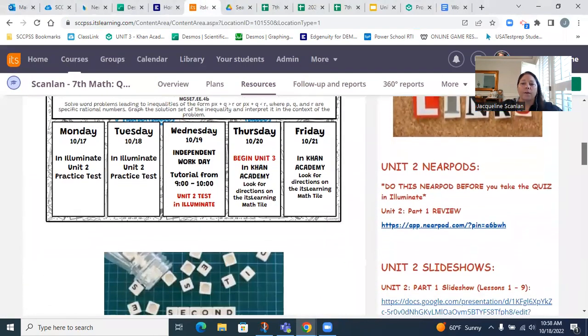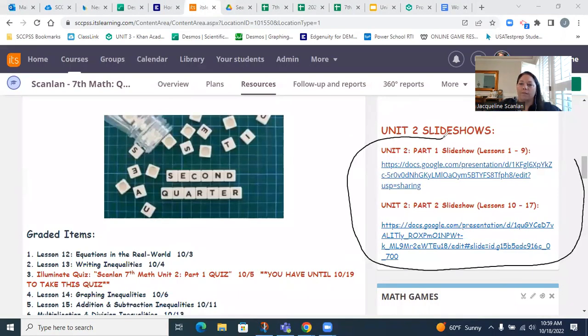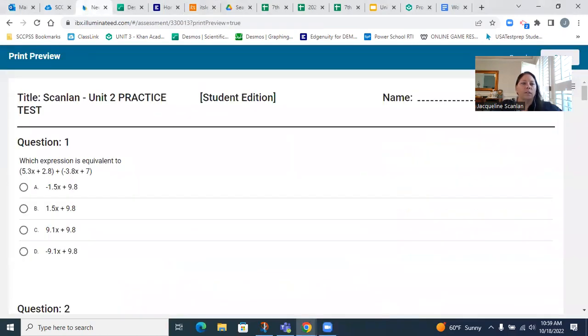And if you scroll down to where it says Unit 2 slideshows, you can use these as you are testing or preparing for your tests. Okay, so I definitely recommend that you open up these slideshows and have them available to you as you are working. All right, having said all that, we're going to go ahead and get started going over these questions.